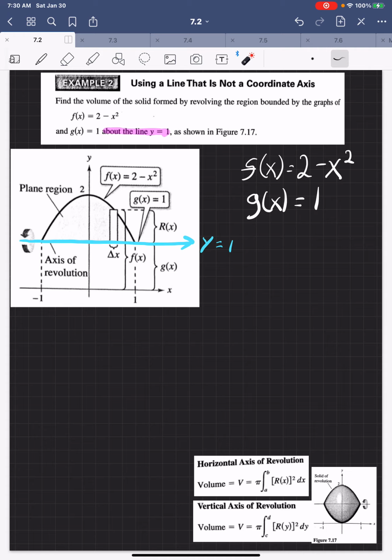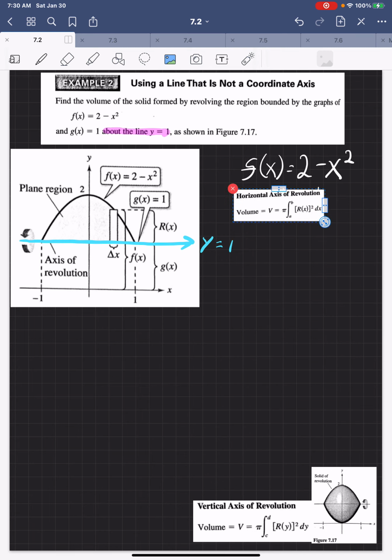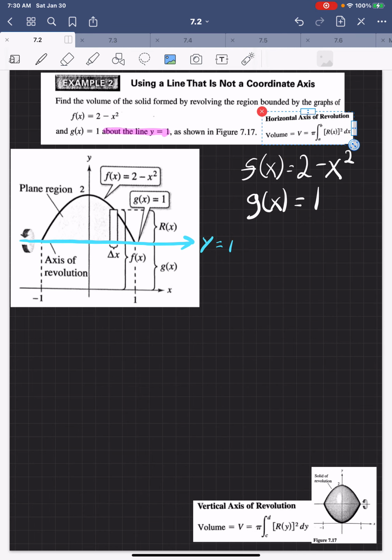Well, either way, whether it's this blue line or the x-axis, it's still horizontal revolution. It's still going to be the horizontal formula. So we're going to be using our horizontal axis of revolution.